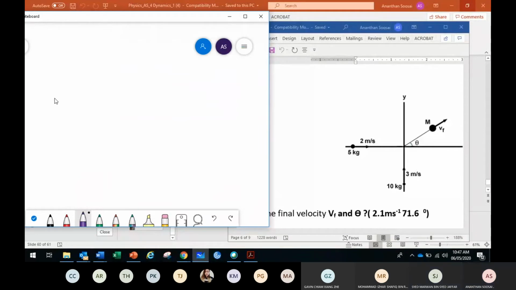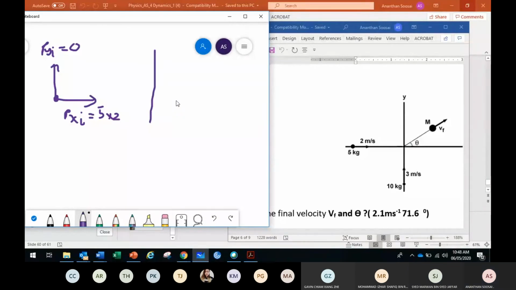Okay, so first, break this body into two components, Px and Py. Maybe I put initial. So Px initial is how much? 5 times 2, right? Py is how much? 0, right? Before collision.